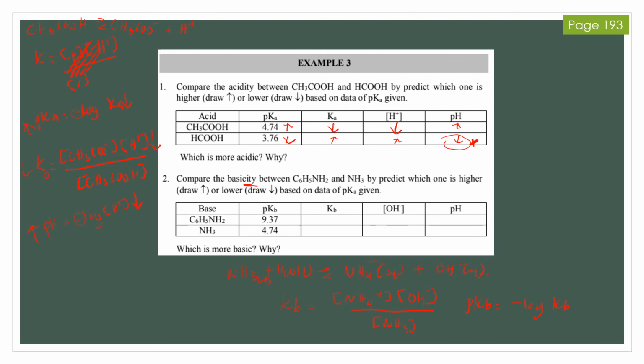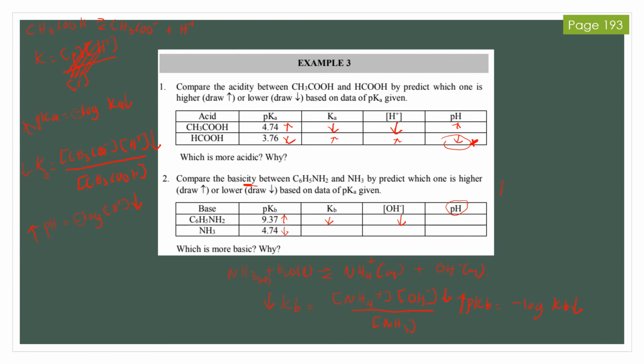Okay. Compare the pKb value. This one has a higher Kb value compared to the NH3. pKb value awak high. Bila pKb value awak high, meaning that the Kb value awak rendah. Bila Kb value awak rendah, maksudnya dekat sini OH minus concentration awak rendah juga. So, for the pH, yang ni awak ada value of OH minus.